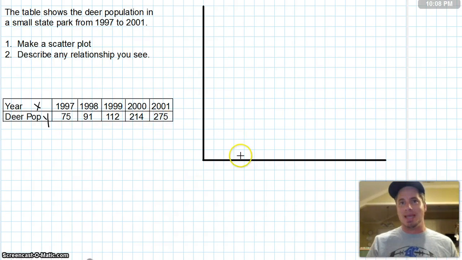Okay, now I'm making this so I can make it any way I want, and I want to skip around here. I'm going to go 2, and this is going to be 1997, my start. Then this 98 will be here. Another 2, 99. Another 2, this will be 2000. Another 2, and this will be 2001.